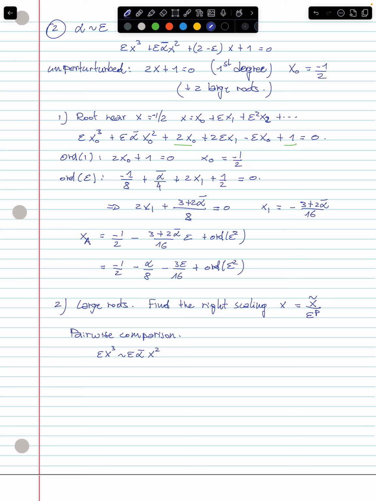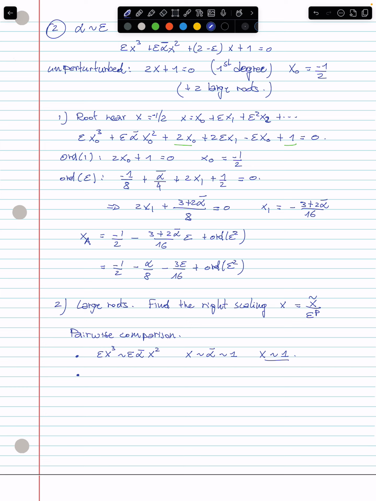We simplify out epsilon, we can simplify out x squared, and we find that x has order of magnitude alpha tilde, which itself is 1. It means that the roots we get in this case are of order 1, and this is not interesting because that's just the root we got before. So this is not the right balance.